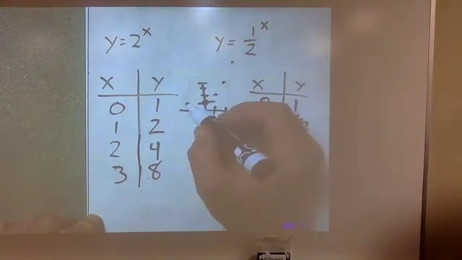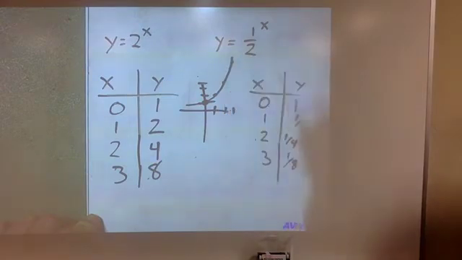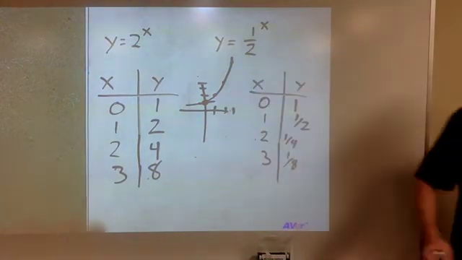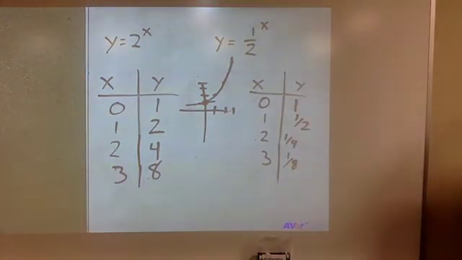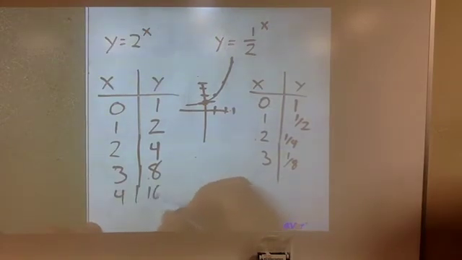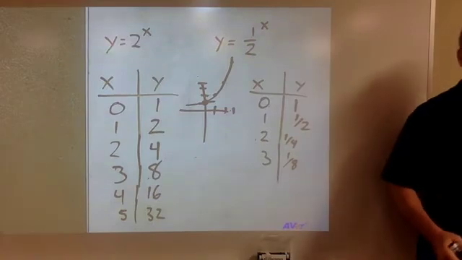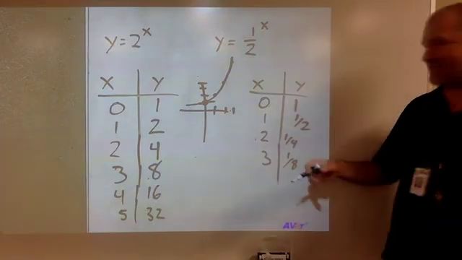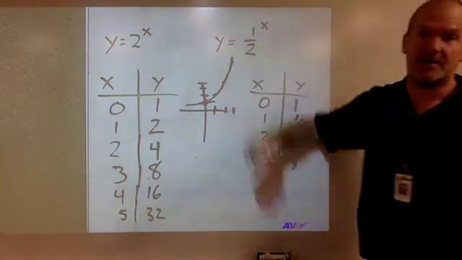It's no longer a straight line. It curves up. The y's start getting a lot bigger real fast. If we went to 4, that would be 16. If we went to 5, that would be 32. You can see the y values are getting bigger a lot faster than the x values are, so this line is going to be going up real fast.